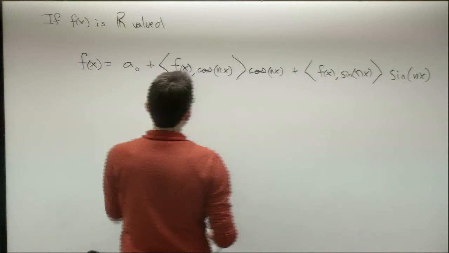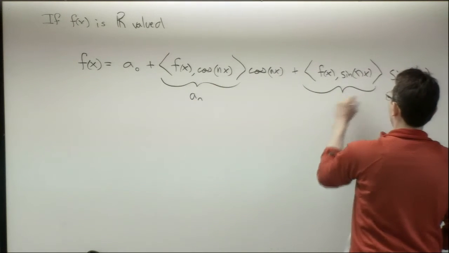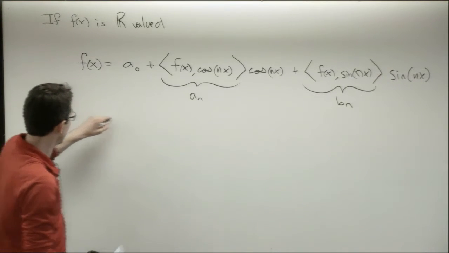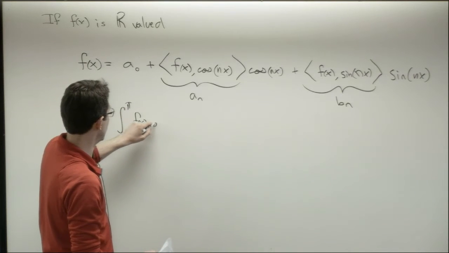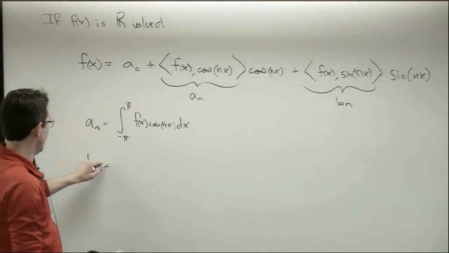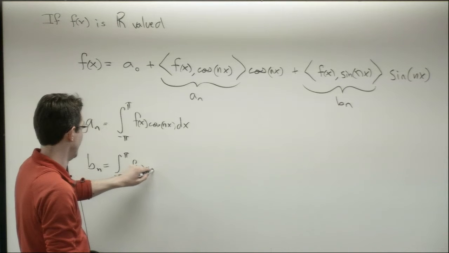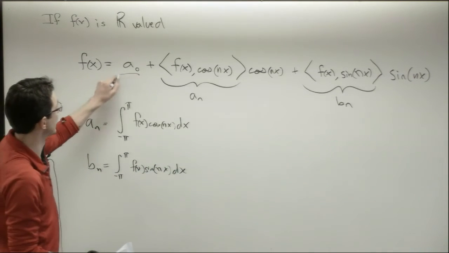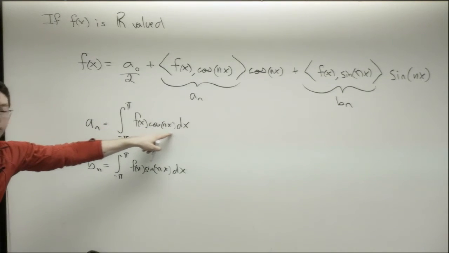And if we wanted to be really fancy, we would say this equals an, this equals bn. We have an equals integral minus pi to pi of f of x cos nx dx. And bn equals integral minus pi to pi of f of x sine nx dx. And I'm pretty sure this is a naught over 2, where a naught is just this integral with 1s here.